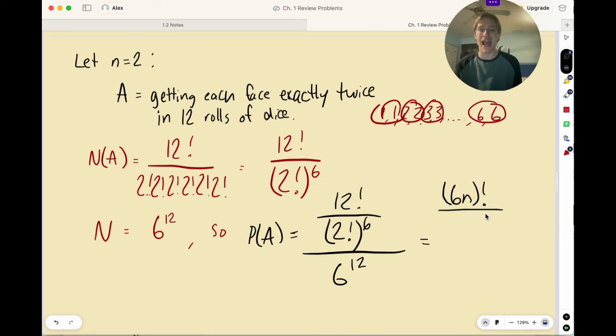And then for any n, I can always partition this into n factorial groups, raising that to the 6th power. So try it out for n equals 3. Then I'm going to want 1, 1, 1, 2, 2, 2, and so on until I get 6, 6, 6.